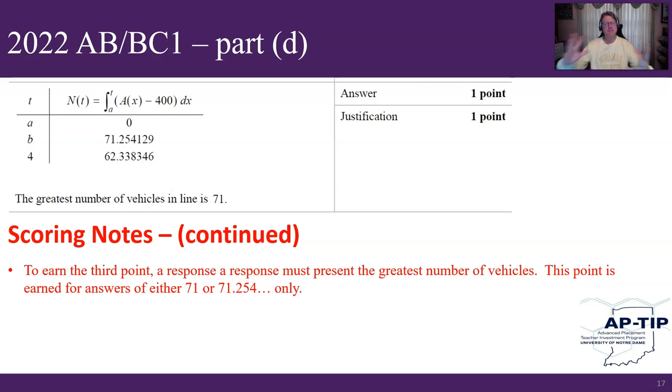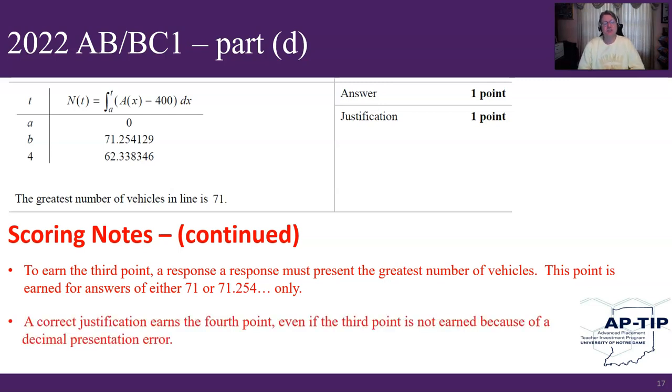I know that seems contradictory here. If the student rounds, that's great. We want them to round. We ask them to round to the nearest whole number. However, if the student is not going to round, they must adhere to the normal rule for decimal presentation, and that would be at least those 3 decimal places. So we're looking for that answer point.